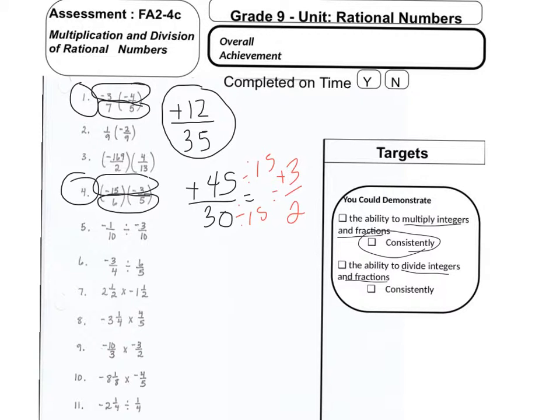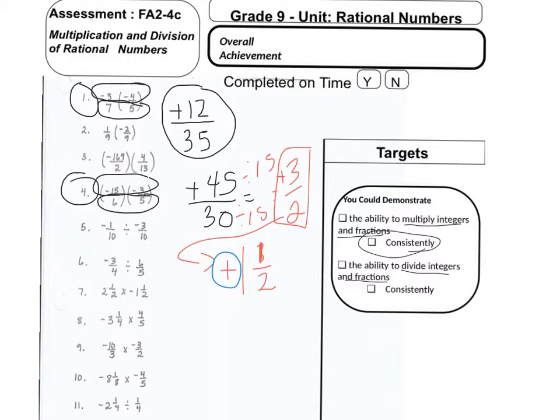Again, still a positive. And then I can convert that to a mixed number, which is a positive 1 and 1/2. Again, we don't have to show the positive sign, but sometimes when we're dealing with negative and positive numbers, it's nice to keep that positive there just to make sure.